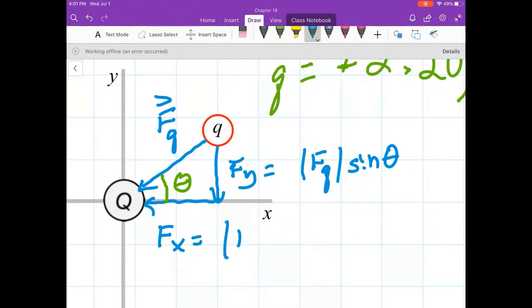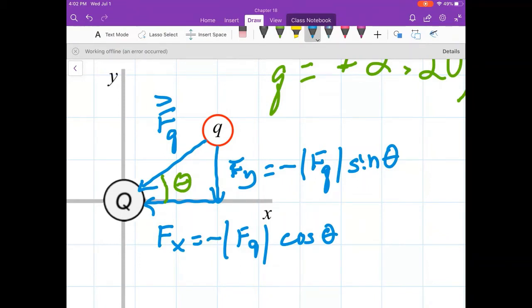The magnitude of that force, that's the hypotenuse, cosine theta, except we have not specified the signs. Notice that Fy is pointing down. That will be a negative component. Notice that Fx points to the left. That will be a negative component.